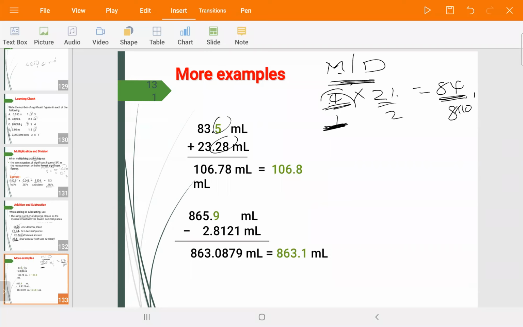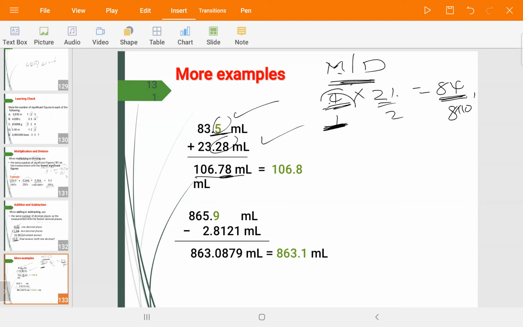When we come to addition and subtraction, you consider the number of decimal places. Our answer should have the fewest decimal places. For example, here there is one decimal place and here there are two. When you add, the answer comes out like this. So our answer should contain only one decimal place.